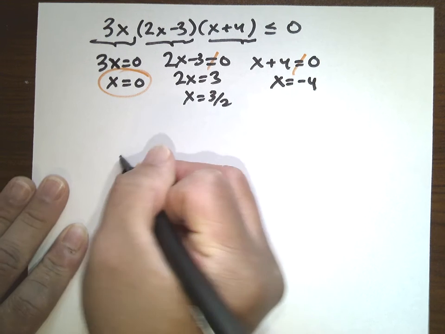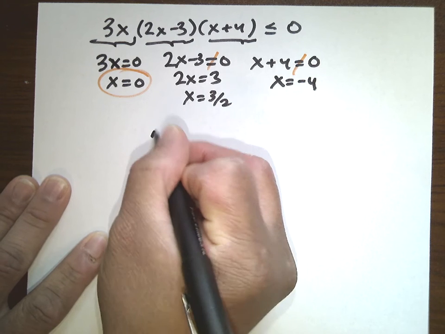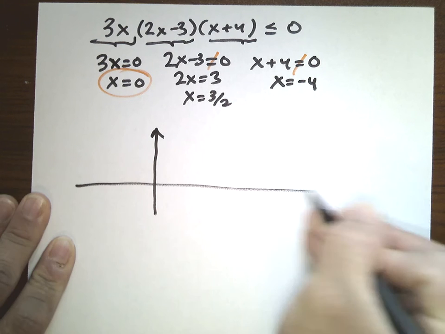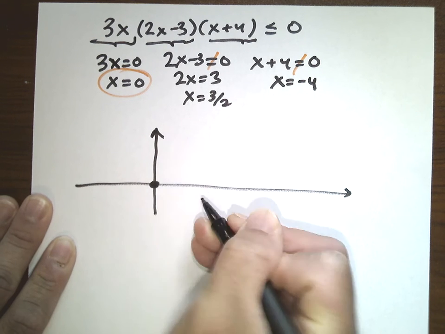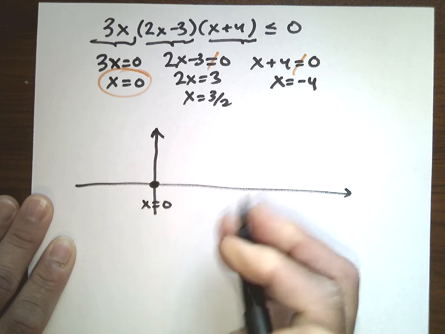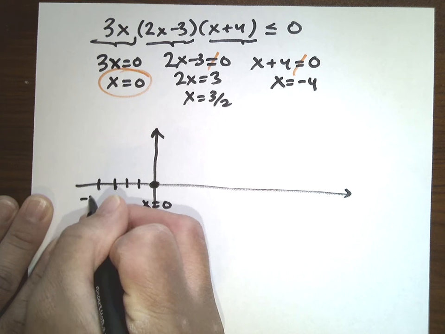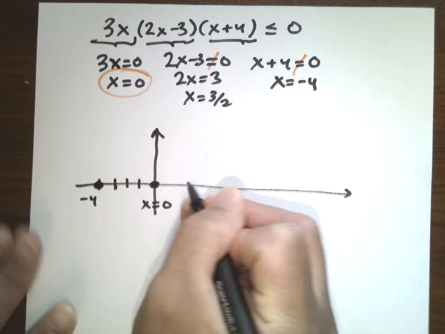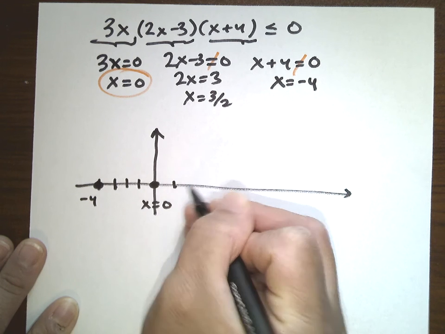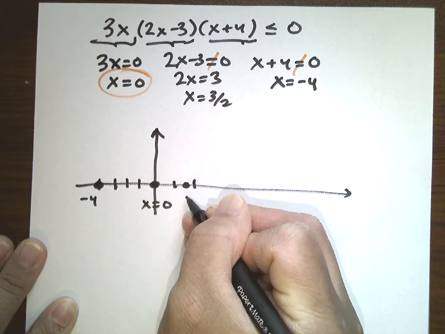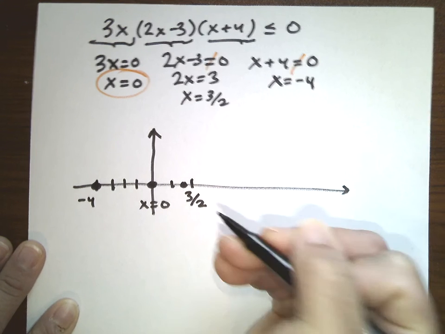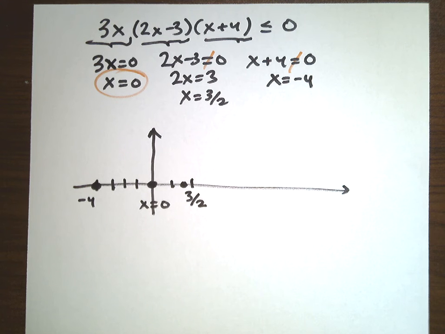Now, I'm going to just sketch a little bit of a graph here. So here's where x is 0, and here's where x is negative 4, and here's where x is 3 halves, or 1.5.